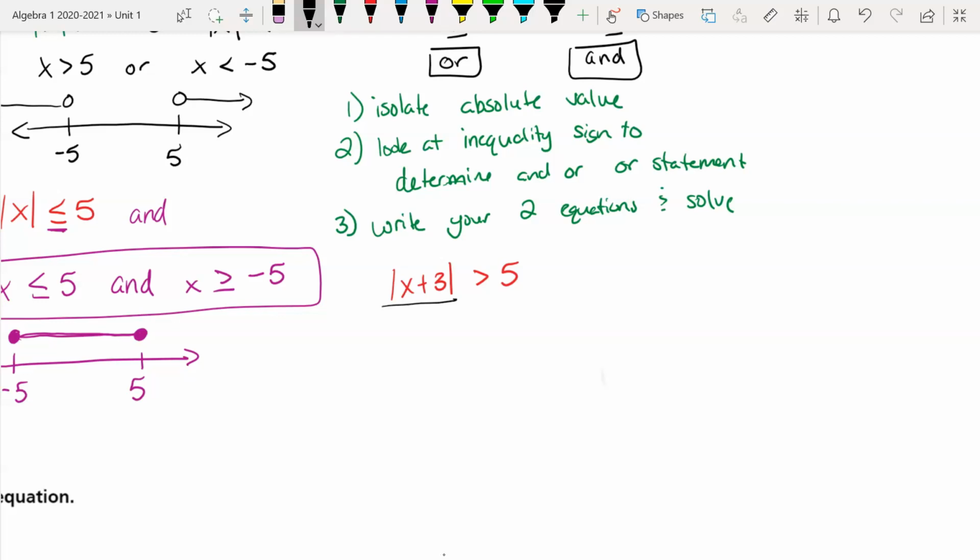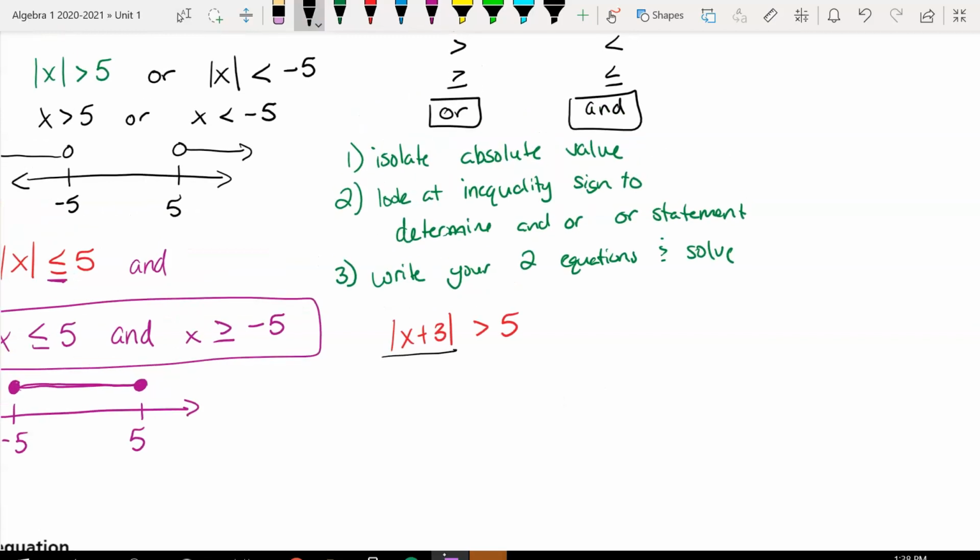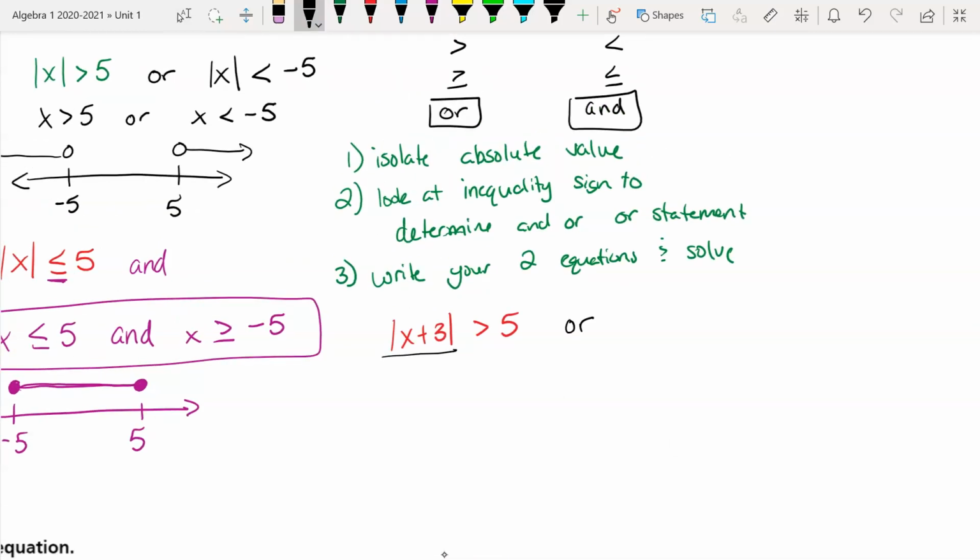I notice it's greater than, so that means it's going to be an or statement. And I go ahead and write my second equation. Flip the inequality sign, change this to a -5. Notice nothing inside the absolute value changed. So I'm going to write them normal without the absolute value to solve them. I would subtract 3 from both sides.